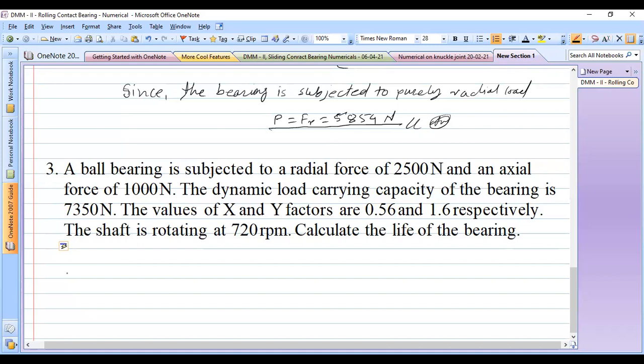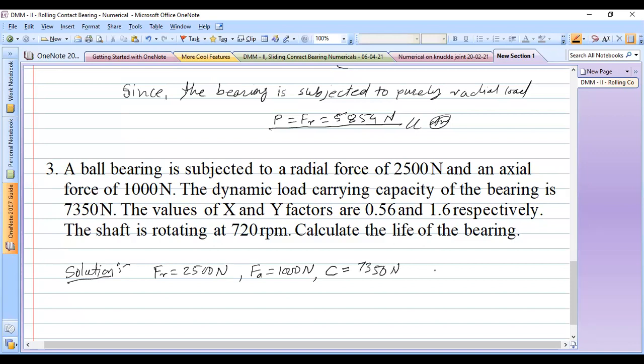So here we will start the solution. A ball bearing is subjected to a radial force. Radial force is given 2500 Newton and the axial force is given, Fa is equal to 1000 Newton. The dynamic load carrying capacity of the bearing, capital C value, is given 7350 Newton.